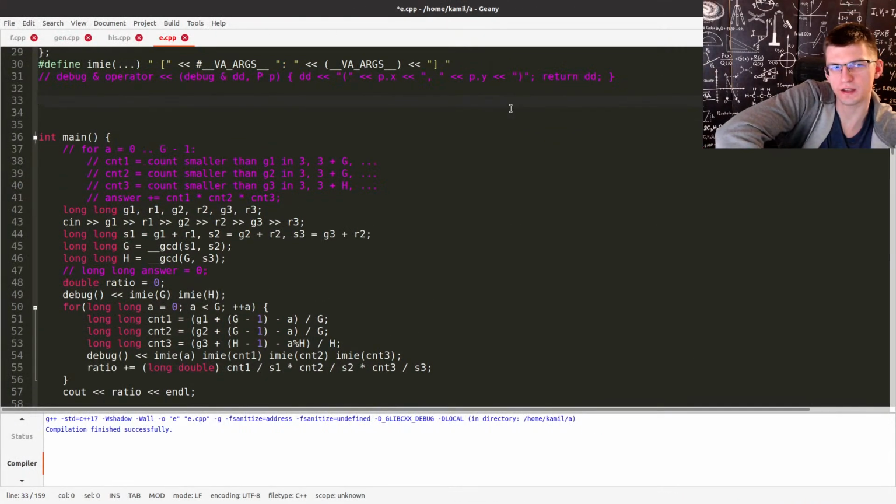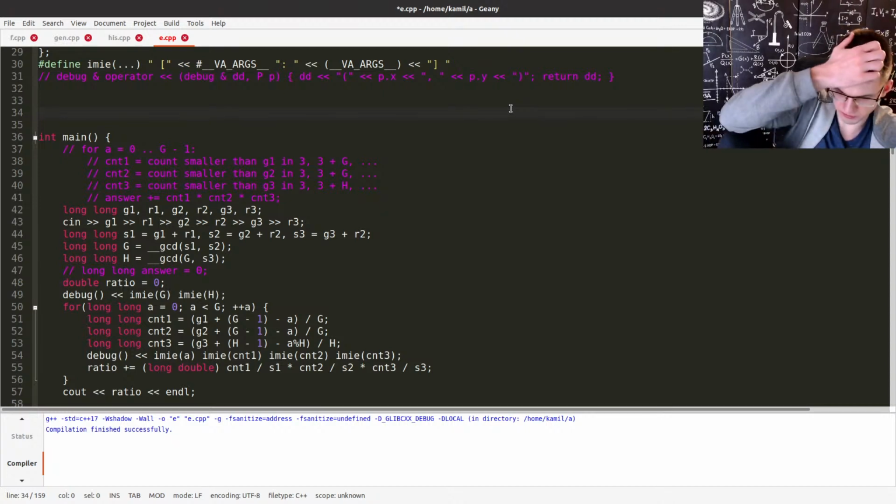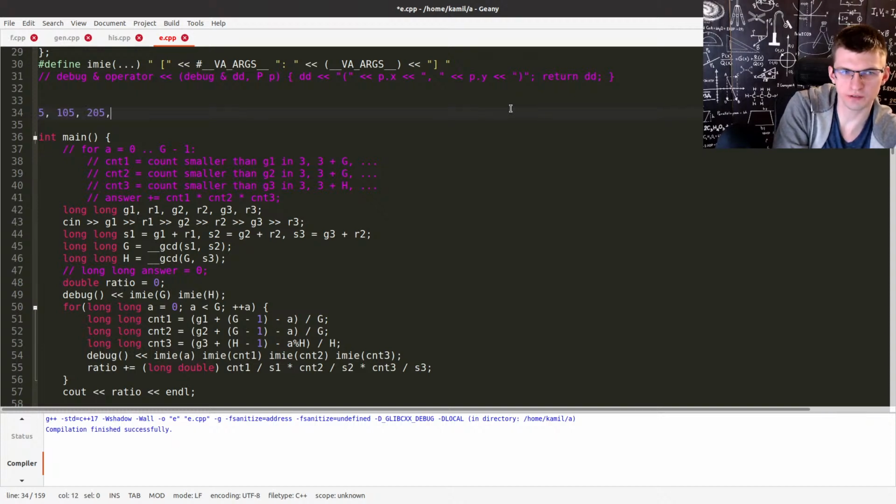So if I iterate over remainder modulo S1, or let's say modulo S3, then I have some kind of requirement, like I'm only interested in numbers 5, 105, 205, and so on.